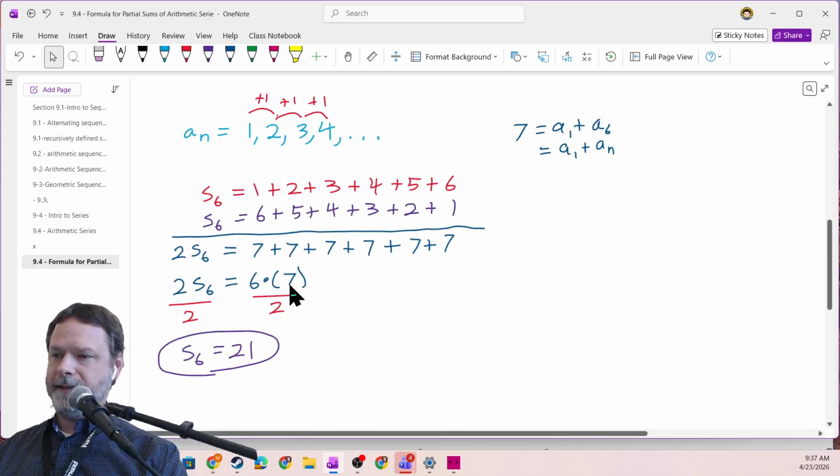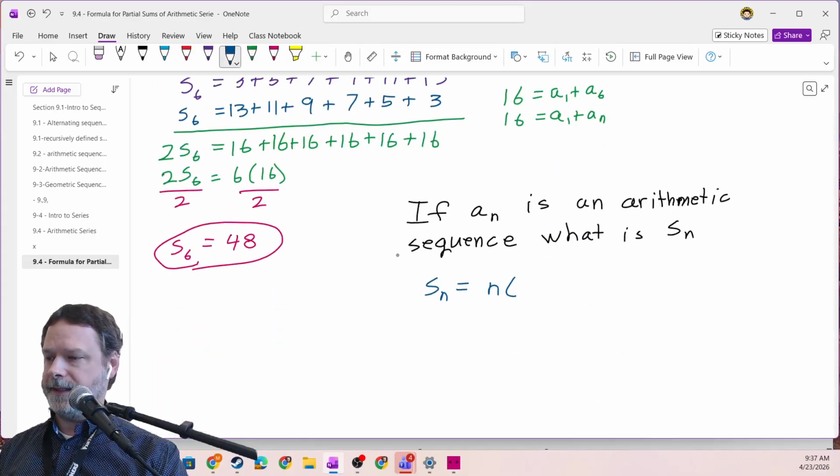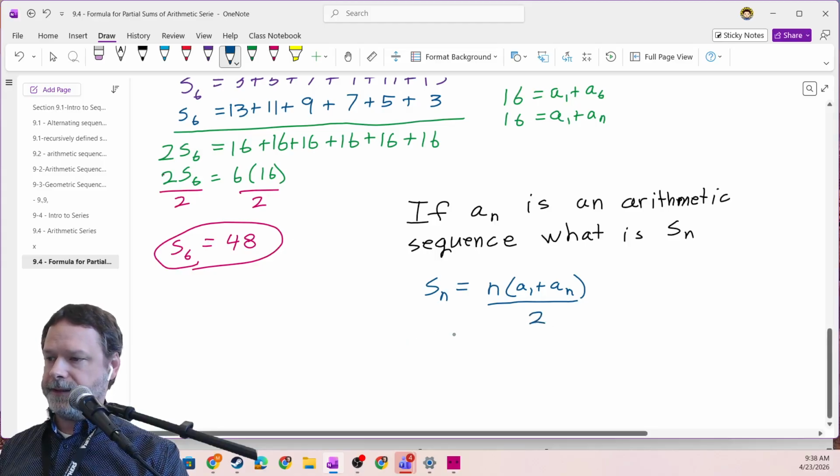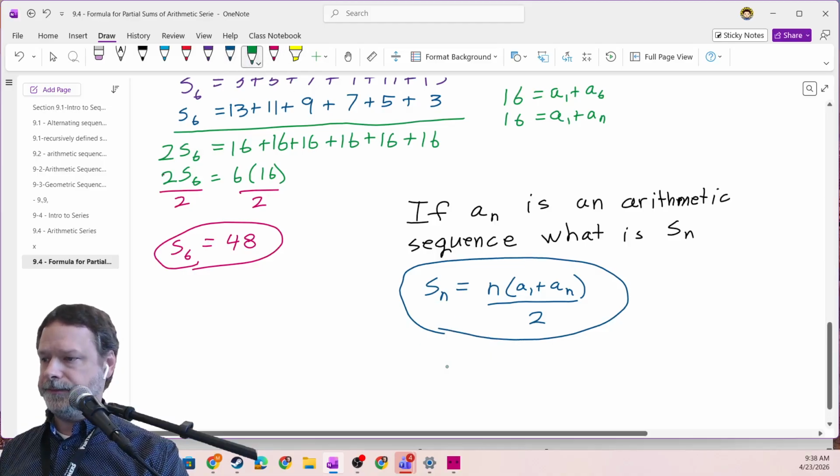Here again, n times 7. 7 was A sub 1 plus A sub n. So it looks like it's n times A sub 1 plus A sub n. And then we had to divide by 2 every time. That's our formula.